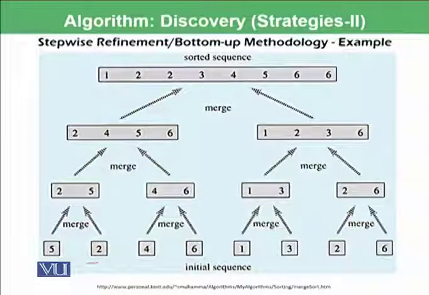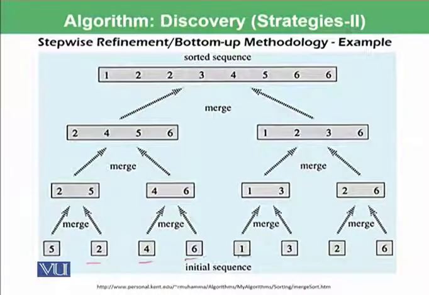For example, you are given this list: 5, 2, 4, 6, 1, 3, 2, 6. This is basically a list which has been given to you and needs to be sorted. At the first step, you are rearranging two numbers together. For example, 5 and 2 are rearranged to form 2, 5 at this stage.